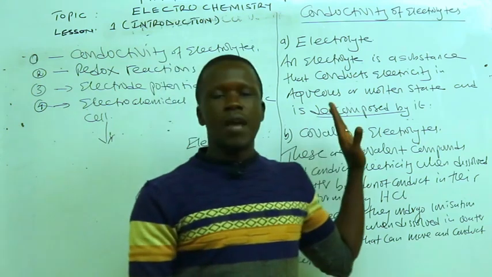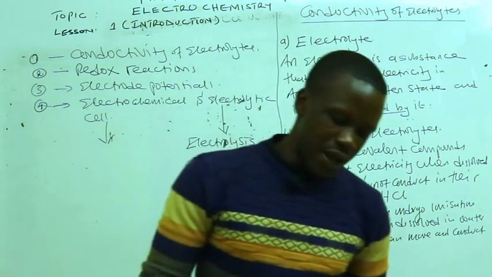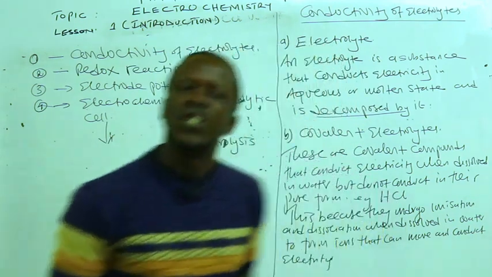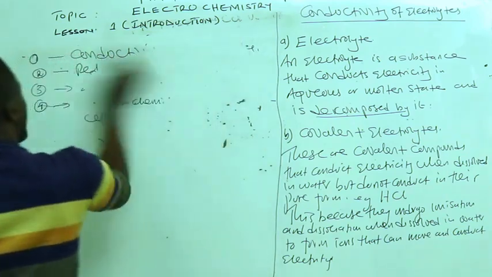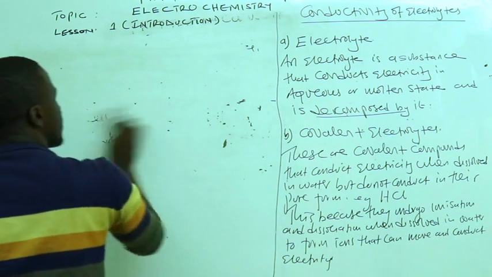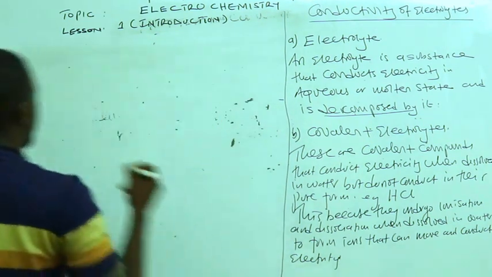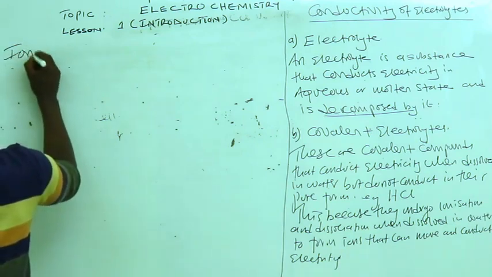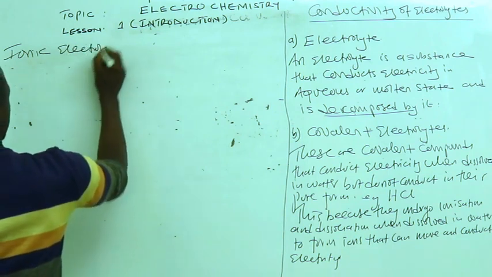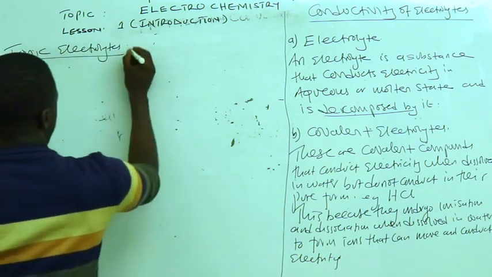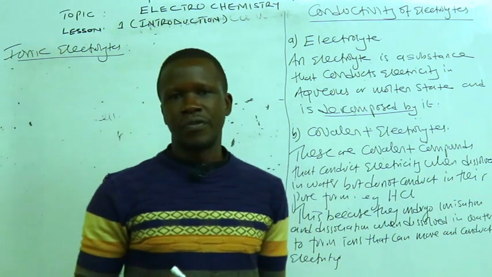Then, the other type that we can look at are called ionic electrolytes. Now, ionic electrolytes in a solid state do not conduct electricity because of a very strong electrostatic force of attraction between the ions. Ionic electrolytes majorly consist of salts.